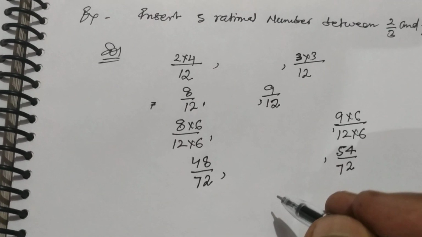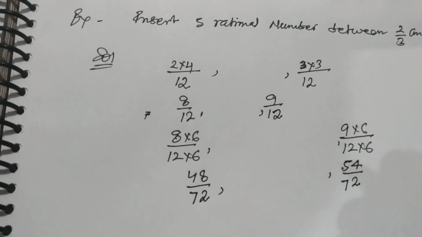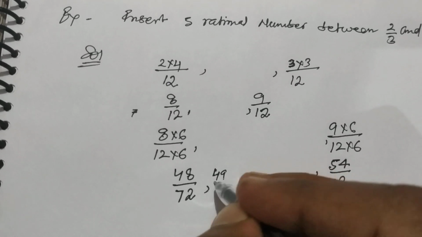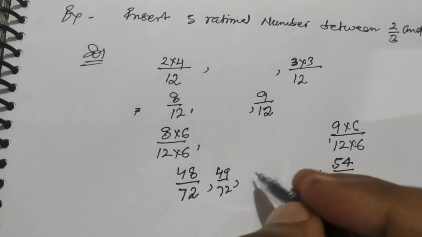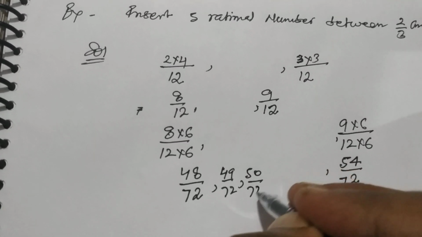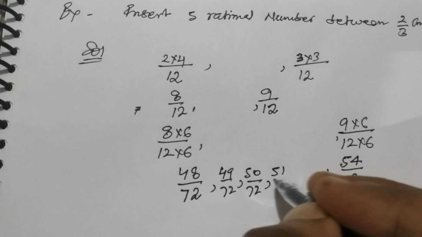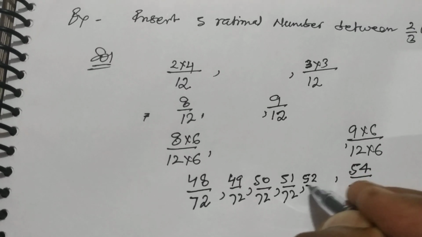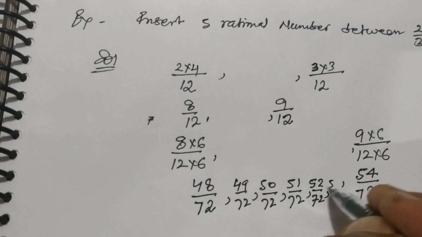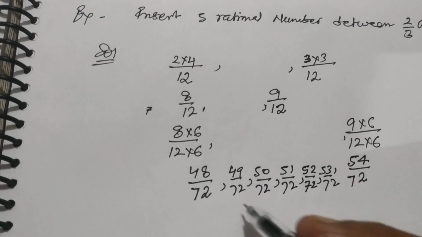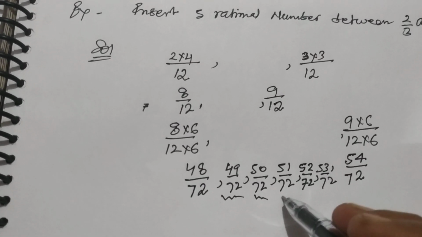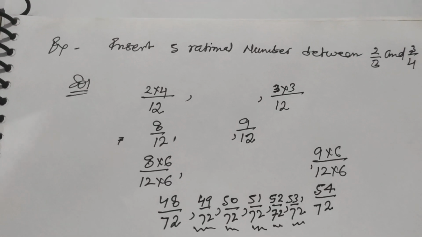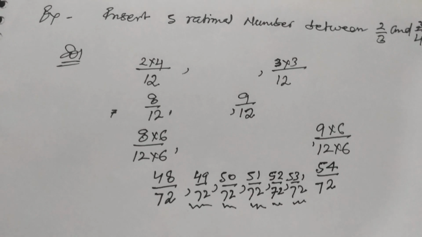Now write the numbers in increasing numerators. This is 49 upon 72, 50 upon 72, 51 upon 72, 52 upon 72 and 53 upon 72. So these are 5 rational numbers which lie between 2 upon 3 and 3 upon 4.